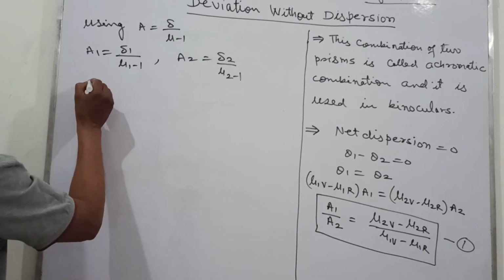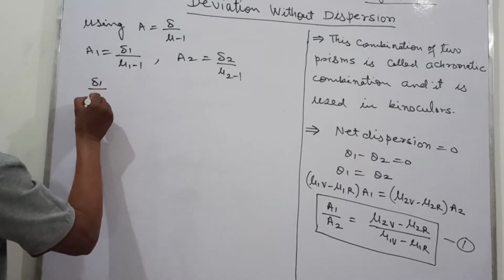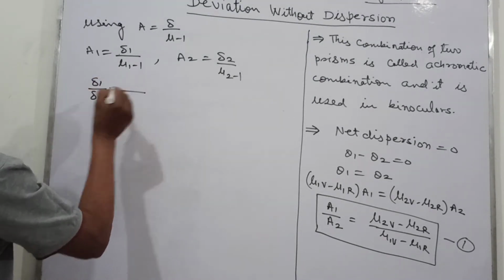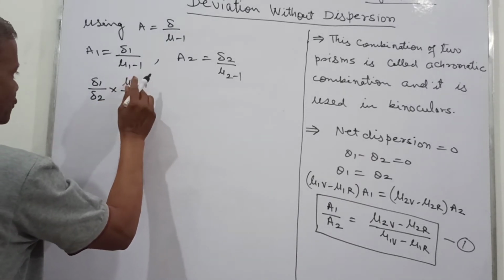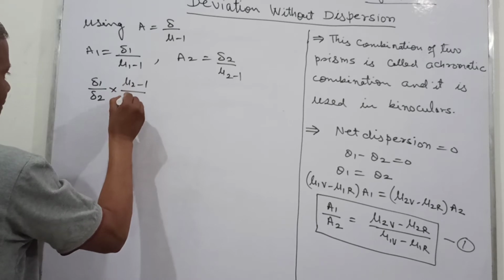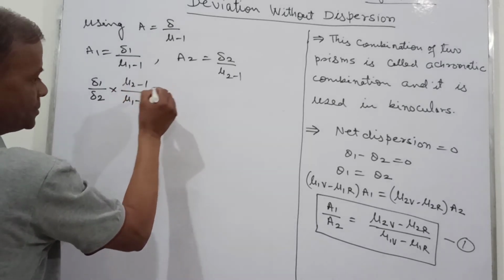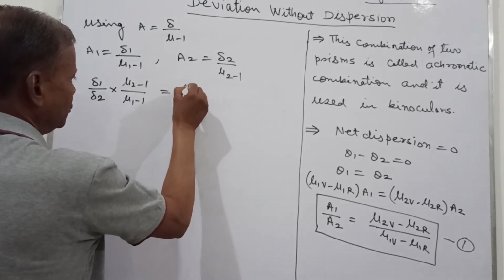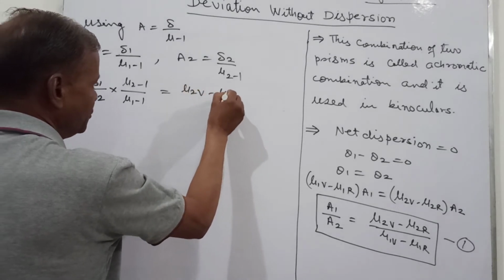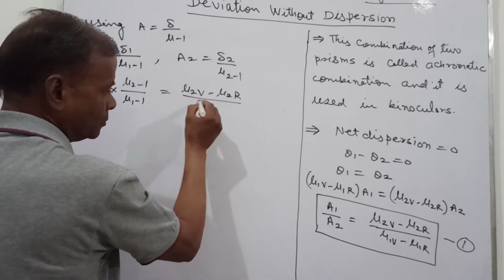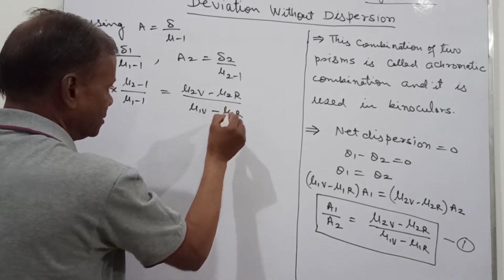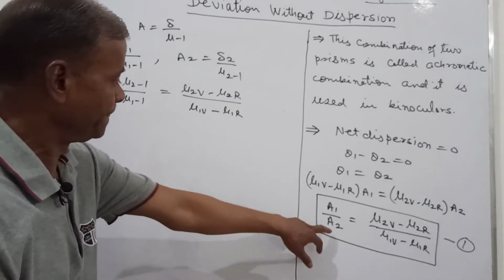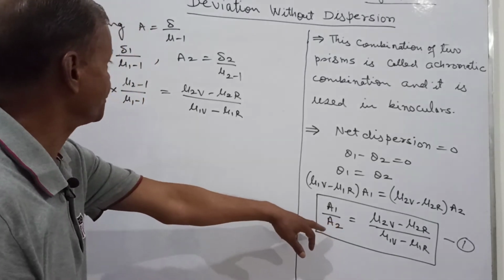Then what we have? Delta 1 upon delta 2 is equal to (mu2 minus 1) upon (mu1 minus 1), which is equal to (mu2b minus mu2r) upon (mu1b minus mu1r). This I have used here in equation first.